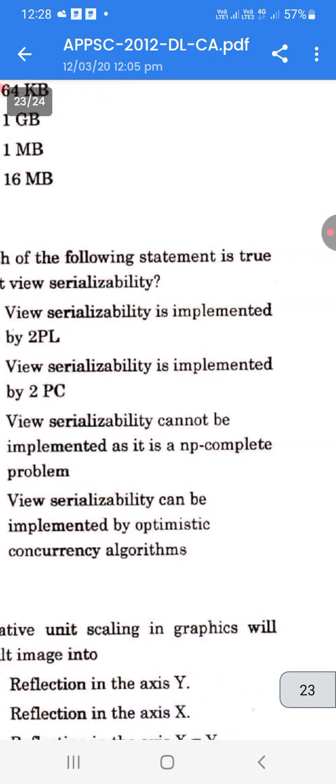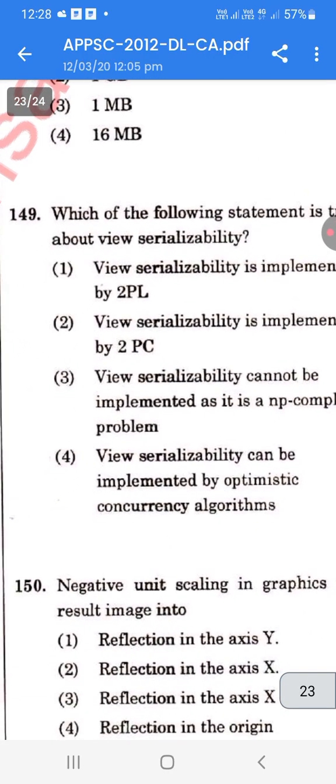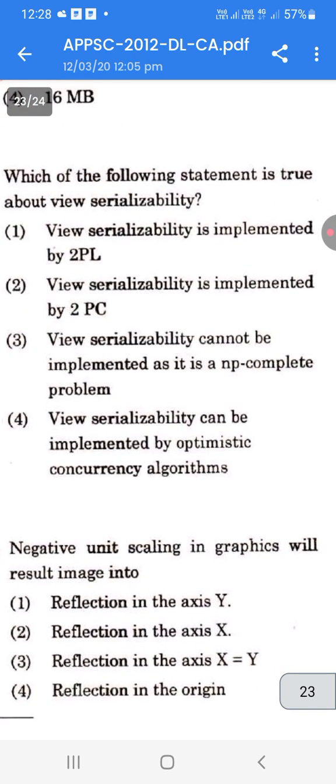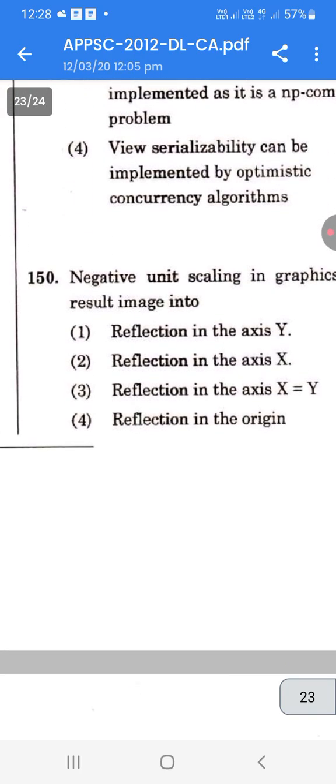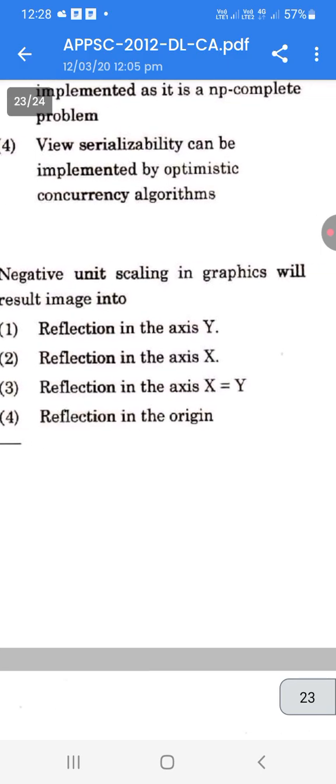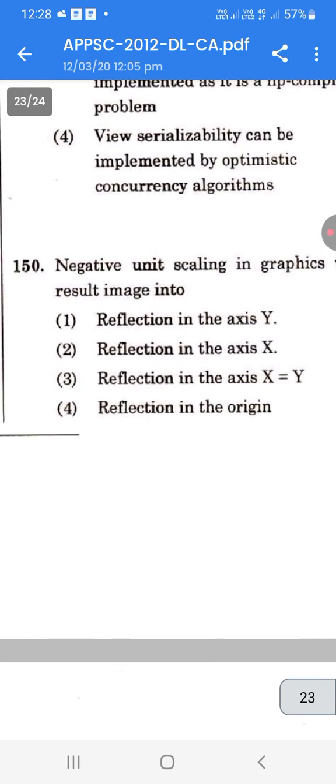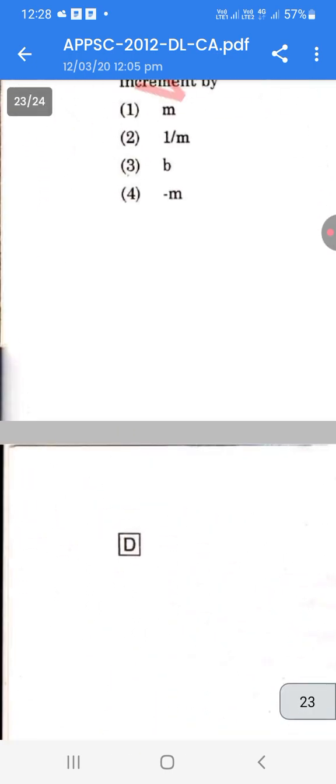Which of the following statements is true about view serializability? View serializability cannot be implemented as it is an NP complete problem. 150. Negative unit scaling in graphics will result in reflection in the origin.